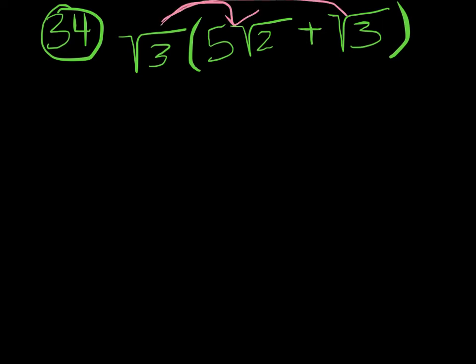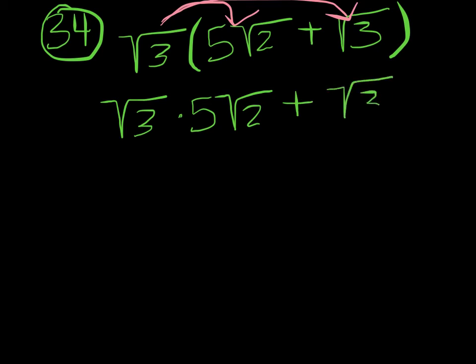So I'm going to have to multiply the square root of 3 by both of those terms inside of the parentheses. So the first one will be the square root of 3 times 5 times the square root of 2, and then I put my plus sign in the middle. Then I've got the square root of 3 times the square root of 3.